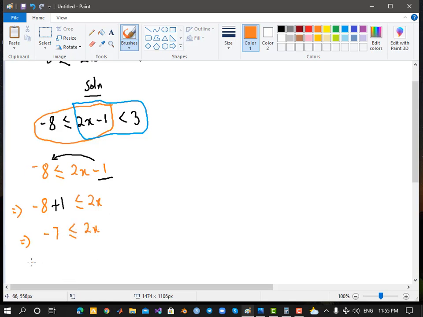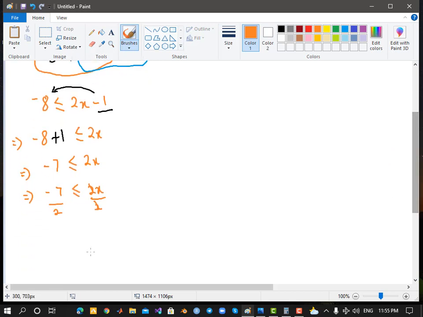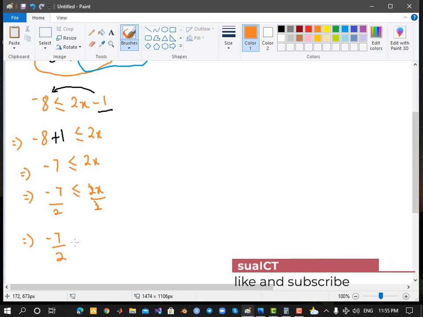We make x the subject. So negative 7 is less than or equal to 2x, all divided by 2, because we want only x to stand alone. So our final answer here is negative 7 over 2 is less than or equal to x.